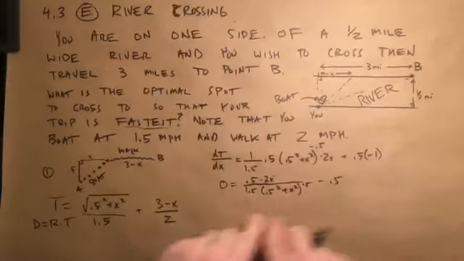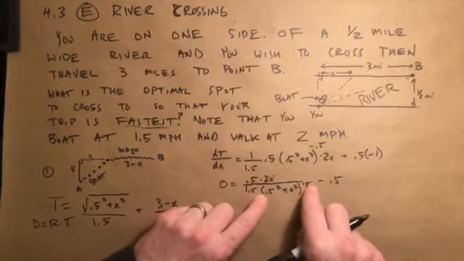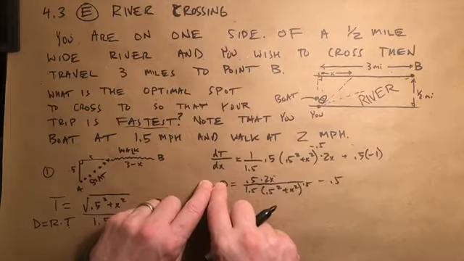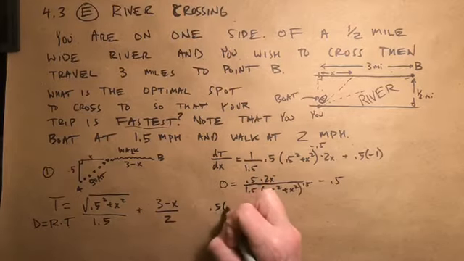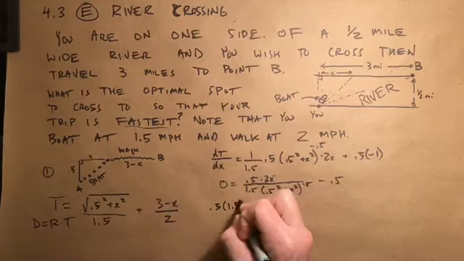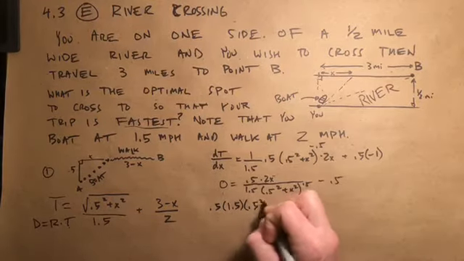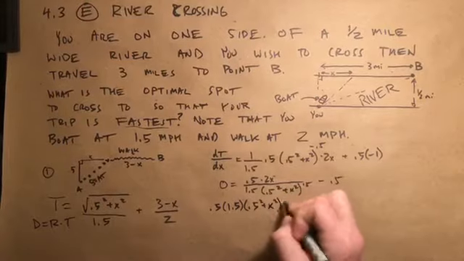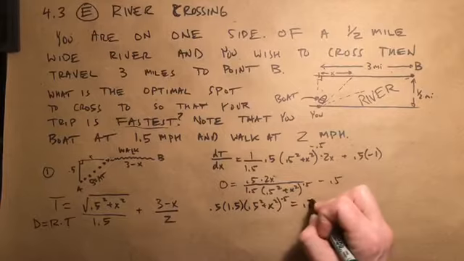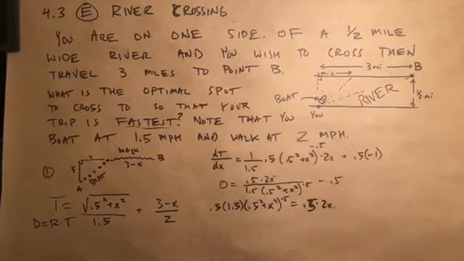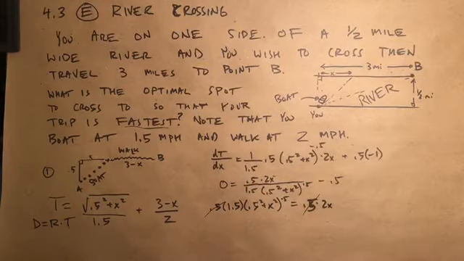I'm going to bring the 0.5 to the other side of the equation and cross multiply, so bring all of this up here. So I'm going to have 0.5 times 1.5 times the square root of 0.5 squared plus x squared, and that'll be equal to 0.5 times 2x. Now I've got a half over here, a half over there, and I can cancel those two out.